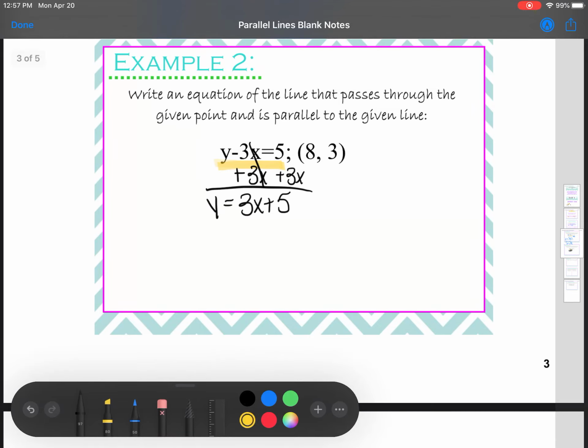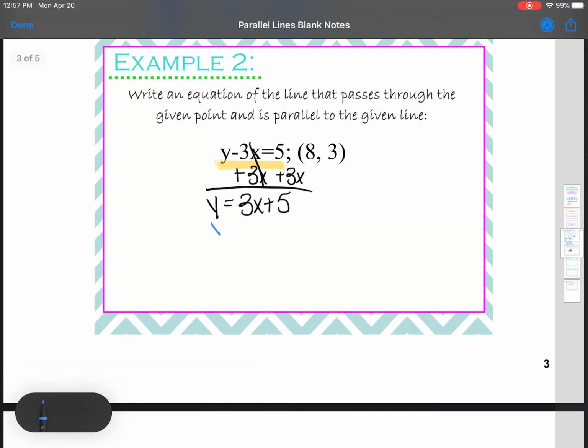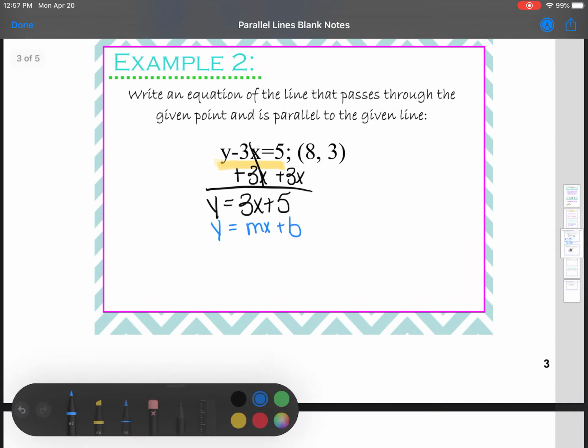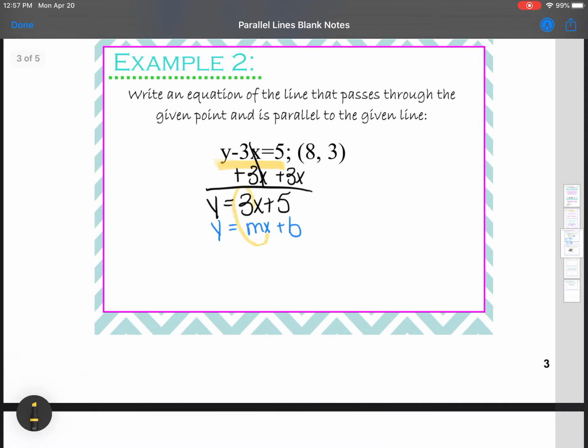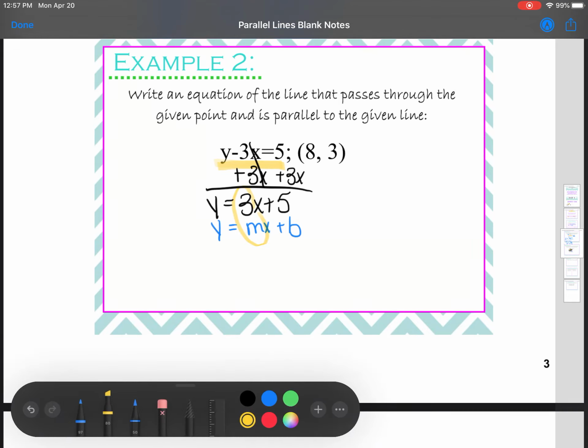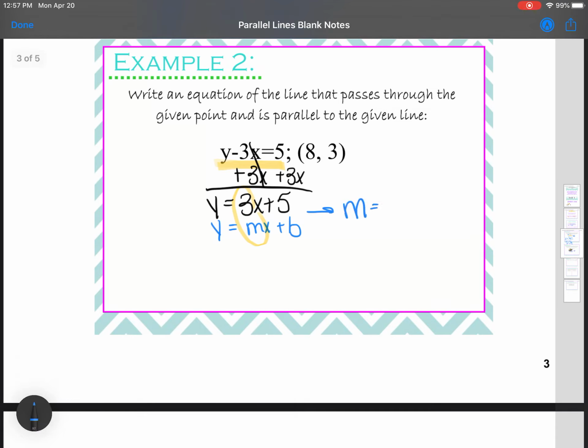That's my original equation. My slope in this, if I were to write this in y equals mx plus b form, is going to be 3. 3 connects with my m, so m equals 3.